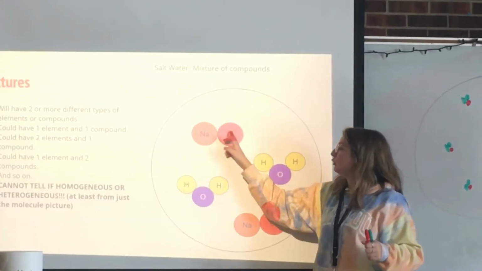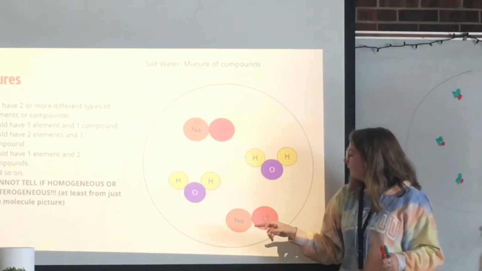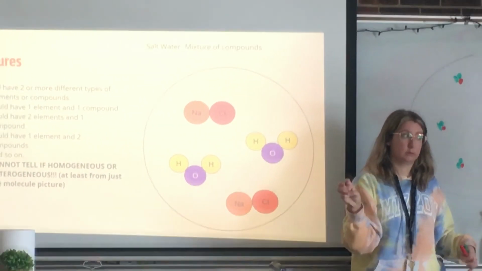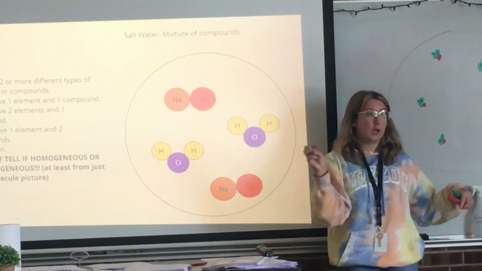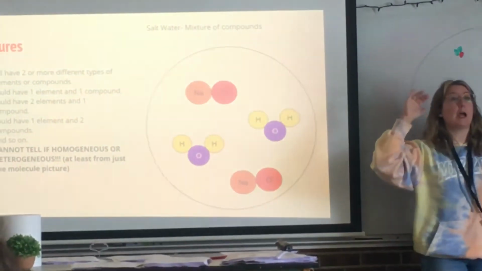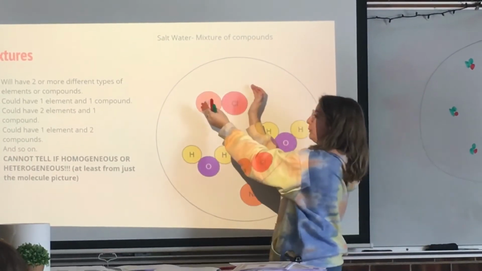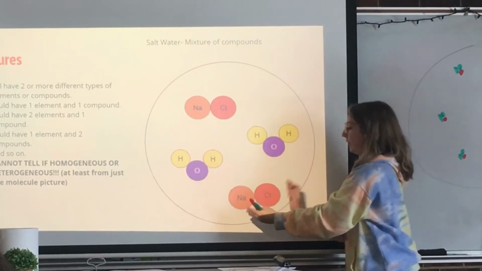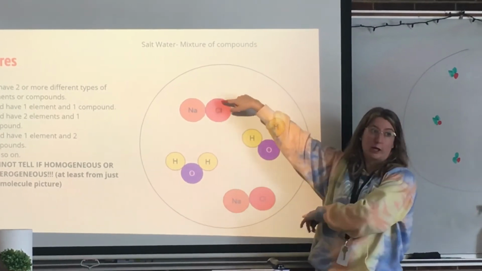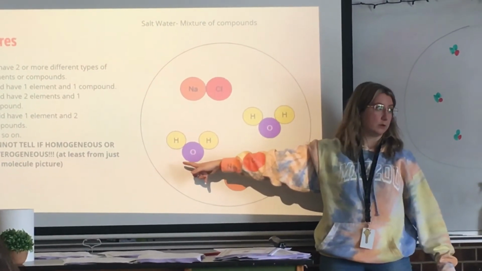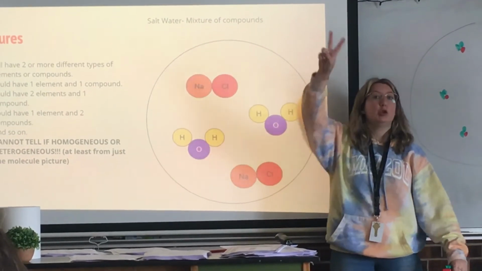We have 1, 2, 3, 4 different types of atoms or elements, okay? But we have 2 different types of molecules. This is a type and this is a type. This is the same type as that one, so we're not going to count it twice. This is the same type as that one, so we're not going to count it twice. We have 2 different types.